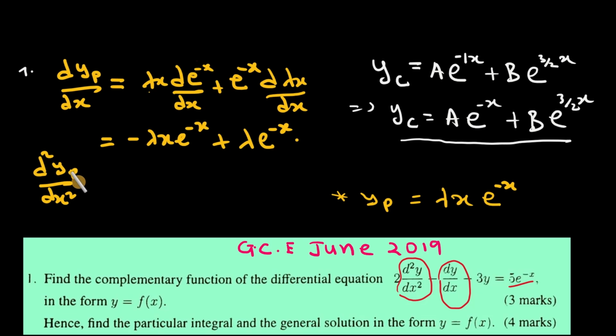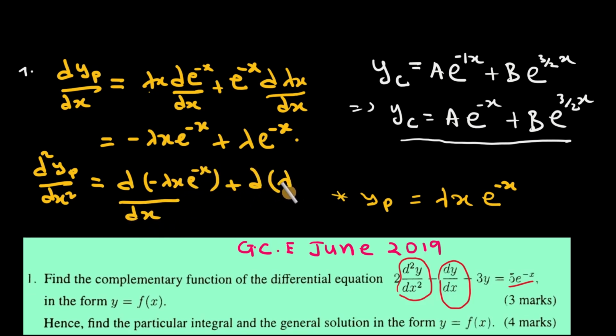As for d squared yp over dx squared, we differentiate this function one more time. That is the differentiation of this plus the differentiation of this: d of minus lambda x e to the minus x over dx plus d of lambda e to the minus x over dx.